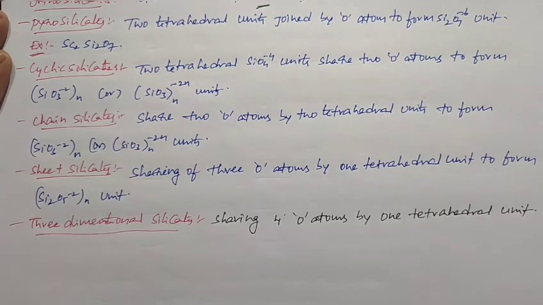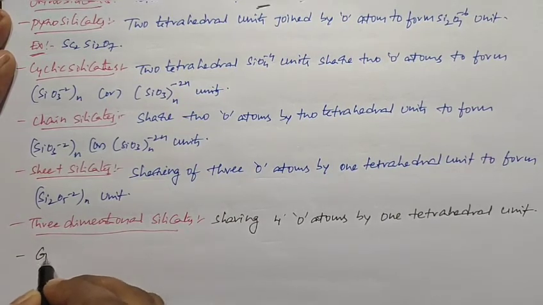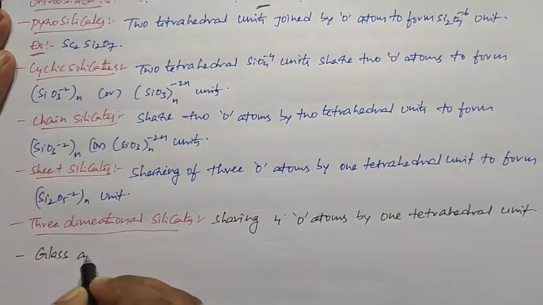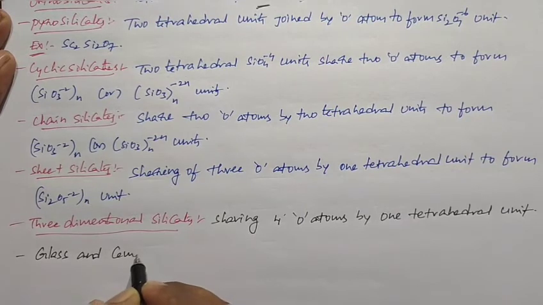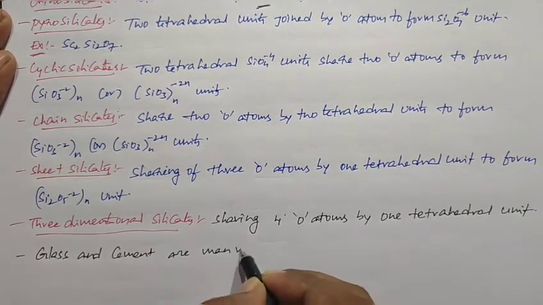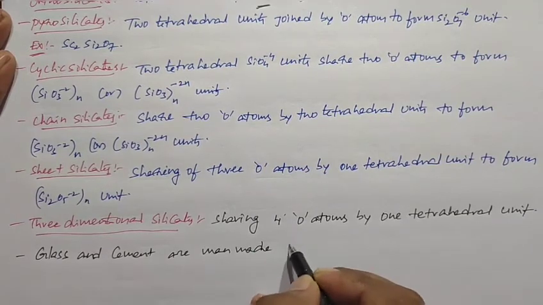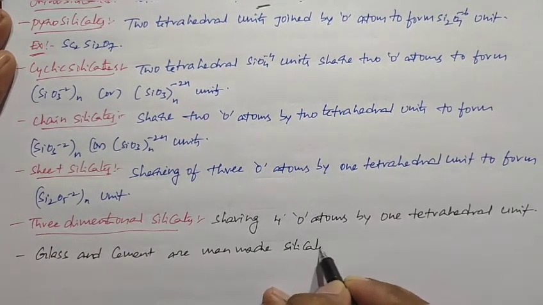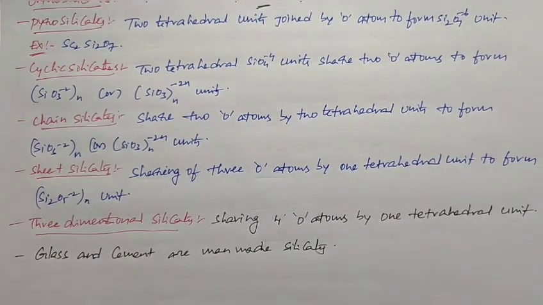Here I also want to mention two important man-made silicates: glass and cement. Glass and cement are man-made or artificial silicates. Okay, this is about the types of silicates.